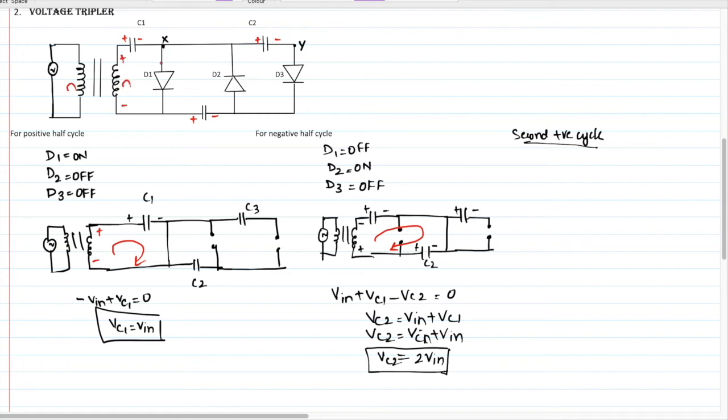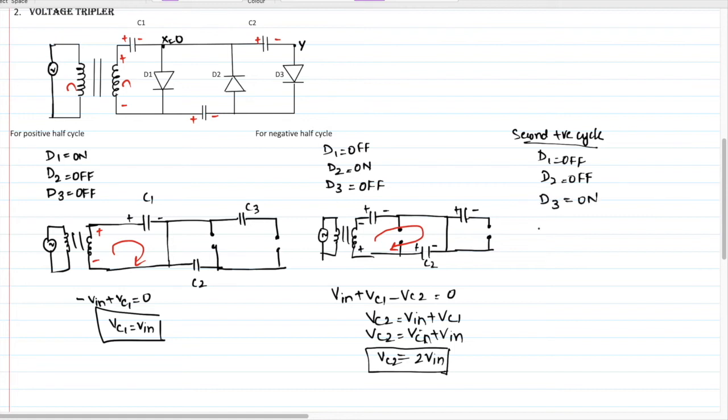This positive is applied to diode D1, but now this point X is considered as 0, so this diode will turn off. And this positive signal is applied to the cathode, so D2 is also off. This positive cycle is applied to the anode of diode D3, so D3 is on.